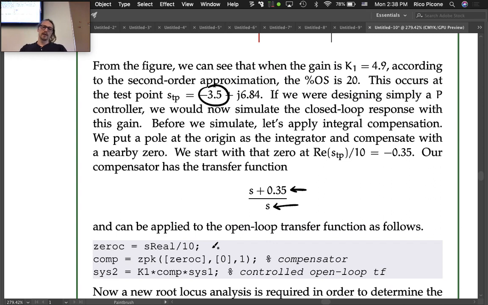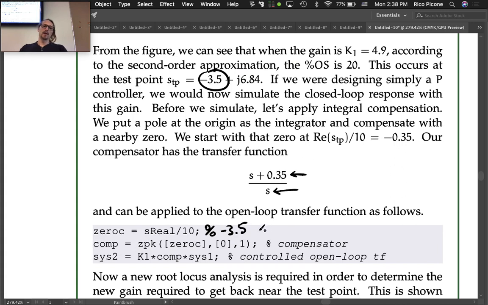So we'll do that. Where s real is the real part here, it's negative 3.5. I'll put a little comment here: negative 3.5. The compensator zero is negative 3.5 divided by 10. And the compensator is just going to be the transfer function with the 0 in the numerator. So that's negative 0.35 in the numerator. In the denominator, there's a pole at the origin, right?